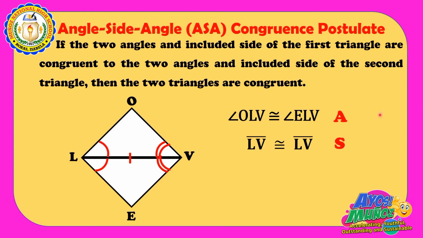So that is the side. To make the postulate complete, let us determine the congruent angle from the two triangles. We have now angle OBL. From this, we have angle OBL or angle LBO congruent now to angle EBL or angle LBE.